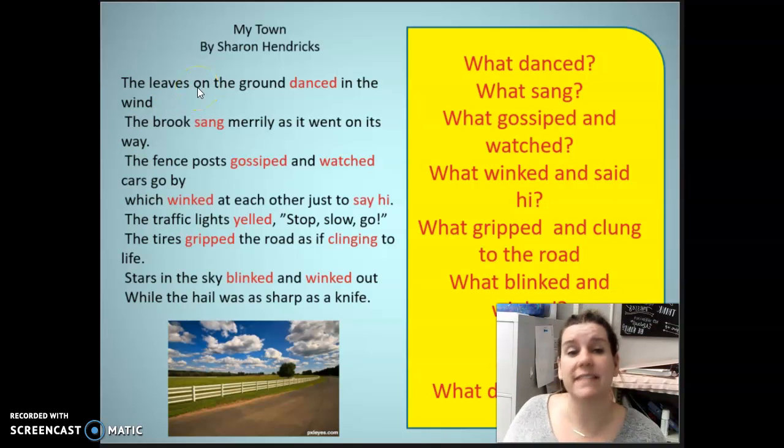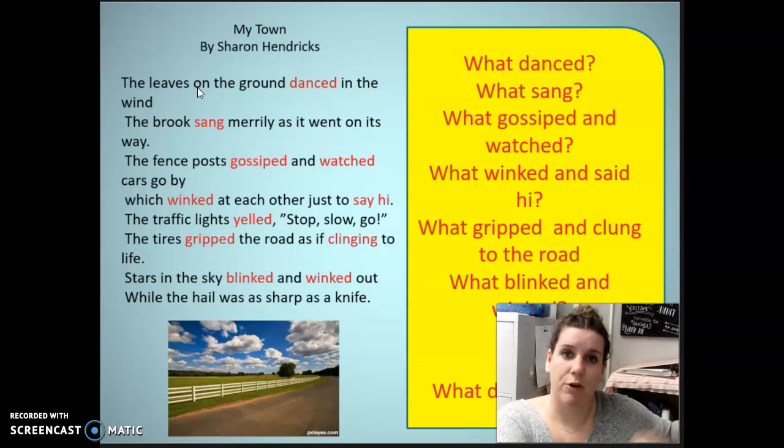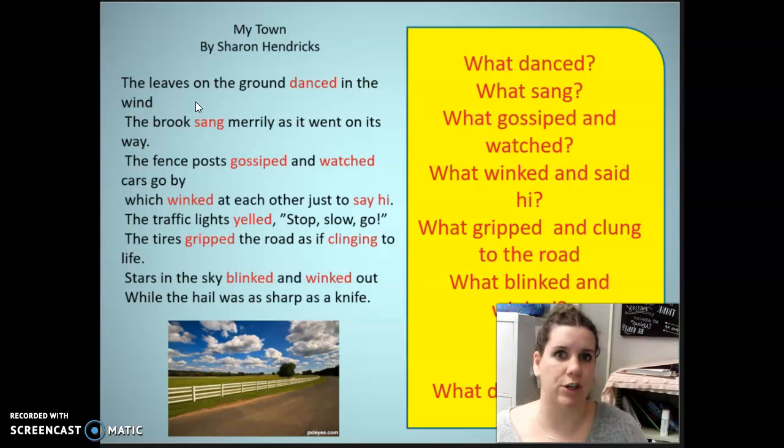Obviously, leaves can't dance, but can you picture what the leaves were doing? Think of fall, when the leaves are blowing. It kind of does look like they're dancing and floating in the air. So personification is also when you're describing how something is done, or how something might look, but you're just using a human trait.